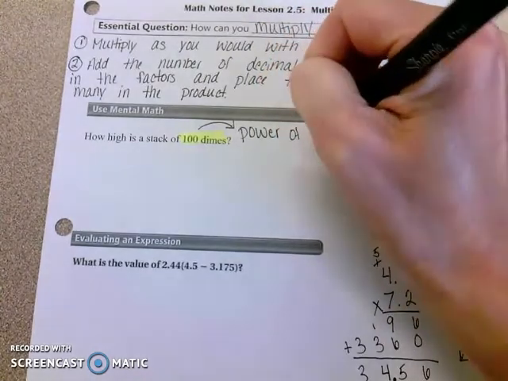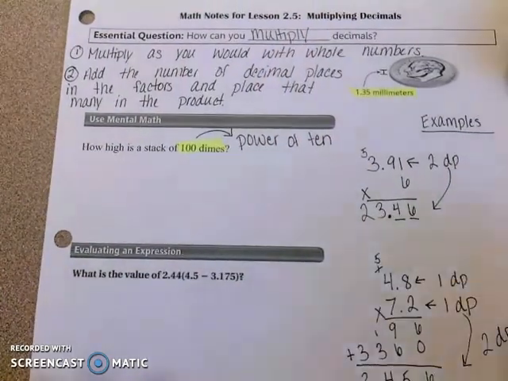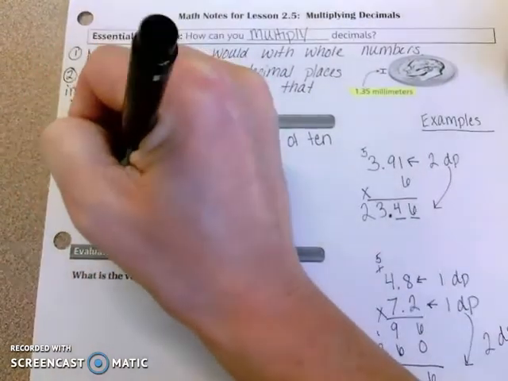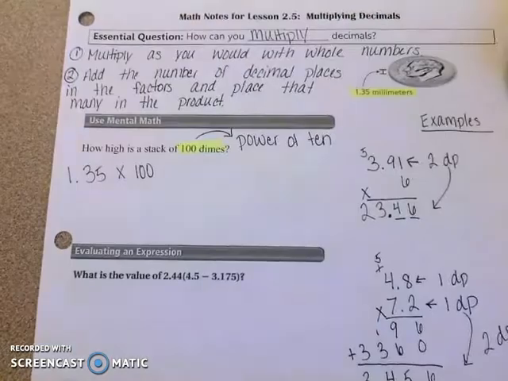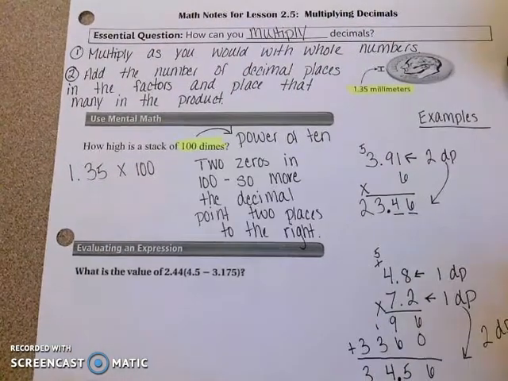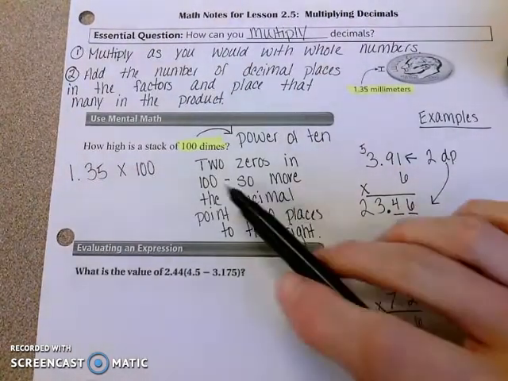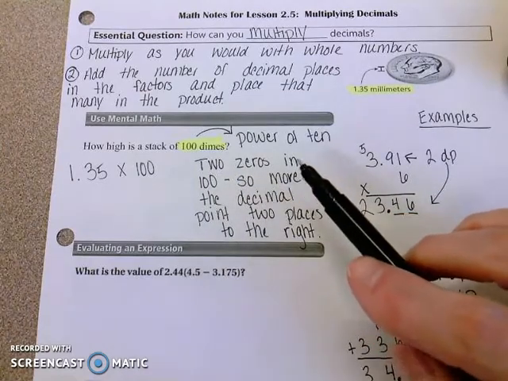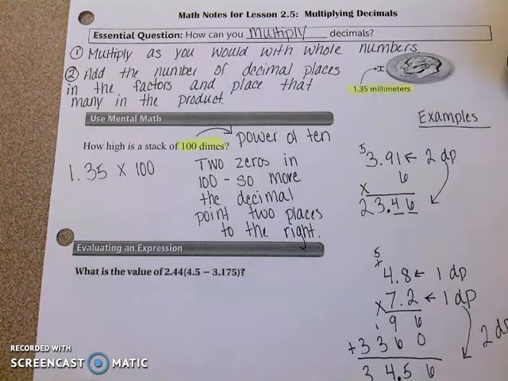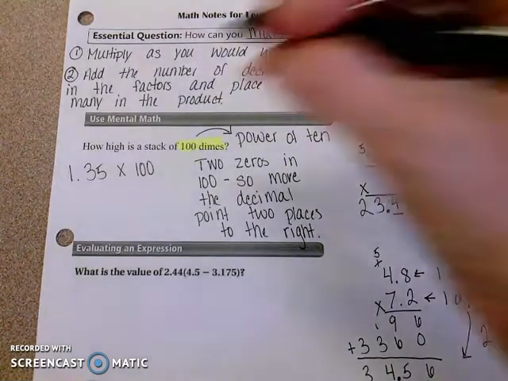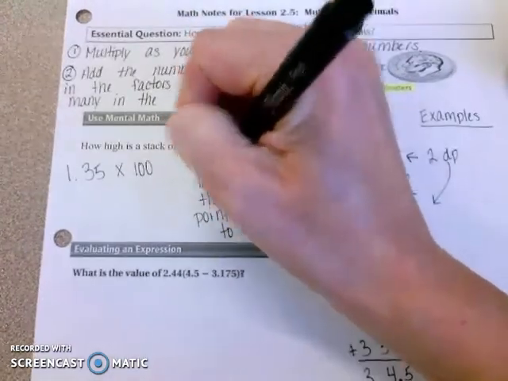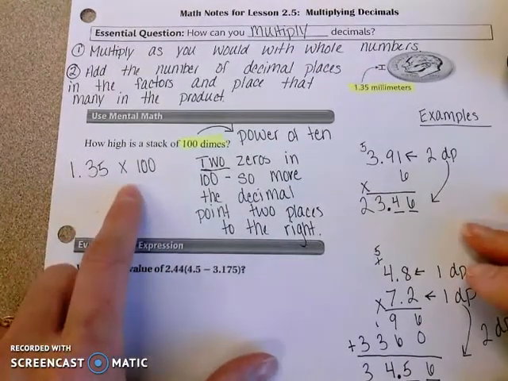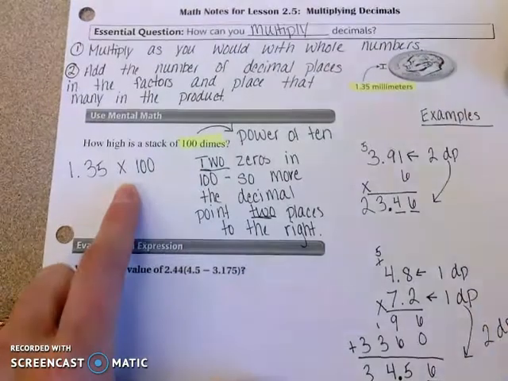So we want to take 1 and 35 hundredths and multiply it by 100. So when we're multiplying by a power of 10, we can just look at the number of zeros and just move our decimal point. You could still set this up and multiply, but this is kind of a shortcut for you. So in this case, I have 2 zeros in 100. So we're going to just move our decimal point 2 places to the right.